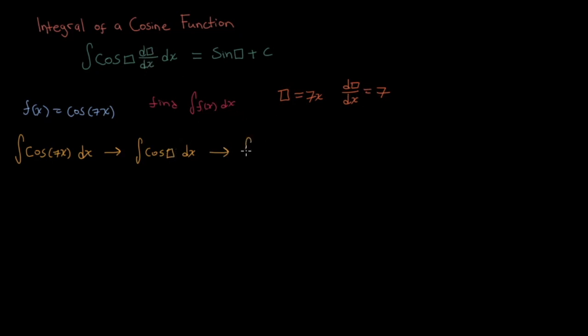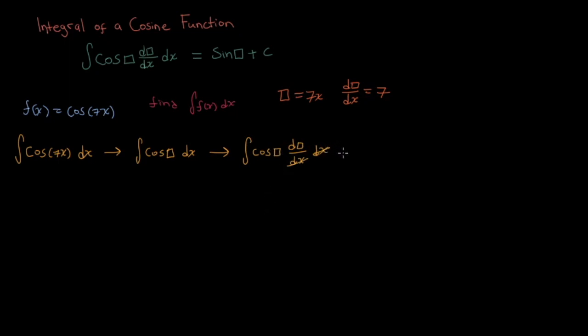So we get the integral of cos of our placeholder box times the derivative of our placeholder with respect to x, dx. And you can visualize it as these dx's canceling out. So now it's in a form where we can integrate with respect to the placeholder.